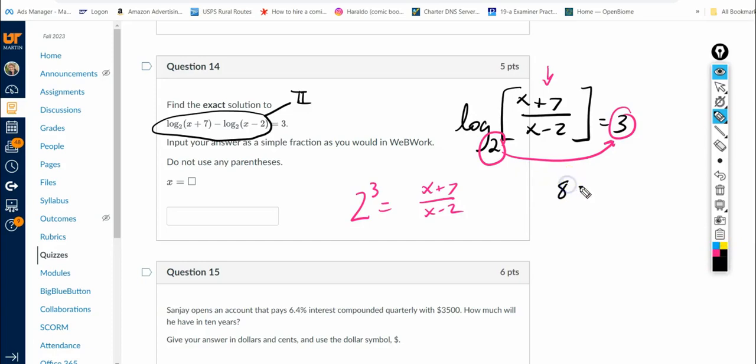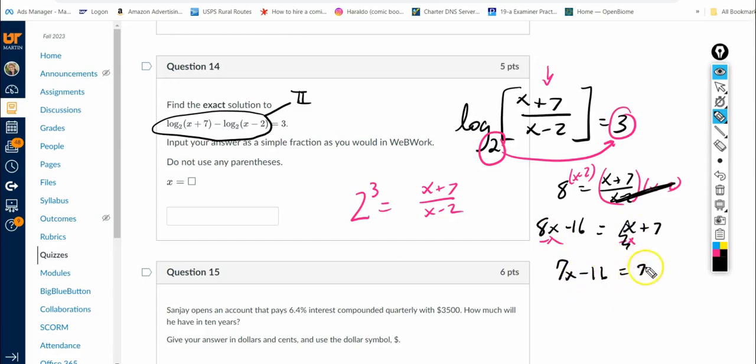So I have 8 is equal to x plus 7 over x minus 2. Now get rid of the fraction, so we're going to multiply both sides by x minus 2. So that will cancel. And then 8 times x minus 2 is going to give me 8x minus 16. Now I'm going to subtract x from both sides. And 8x minus x is 7x.